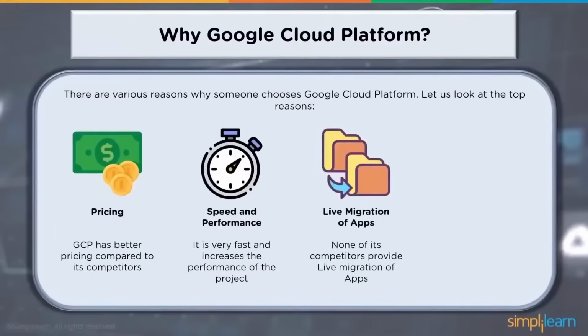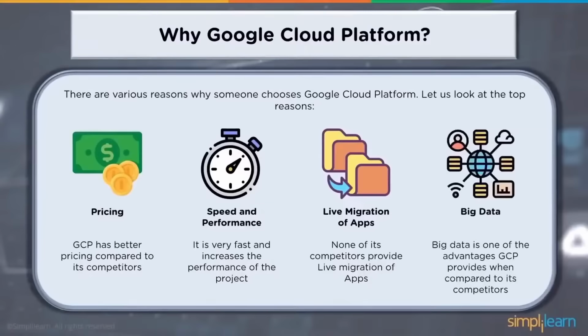Live migration of apps, and there are a huge number of solutions which I will show you in further screens, which help an organization to adopt a cloud platform and integrate with it, or even completely migrate into a cloud platform. None of Google's competitors provide live migration of apps. When we talk about big data, AI, machine learning kind of solutions, GCP provides a lot of innovative solutions in comparison to other cloud providers such as AWS, Azure, and so on.